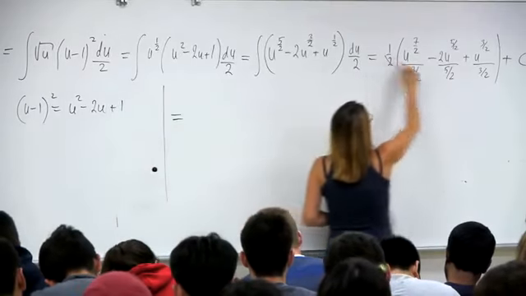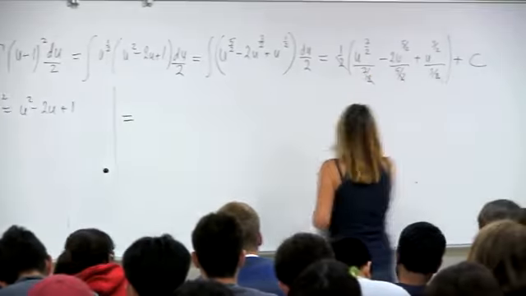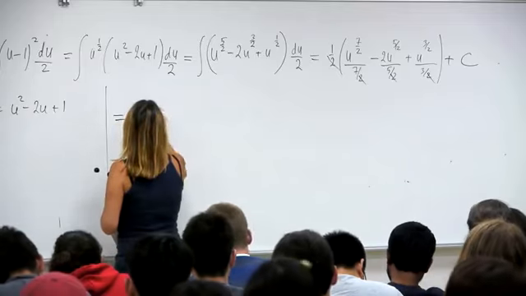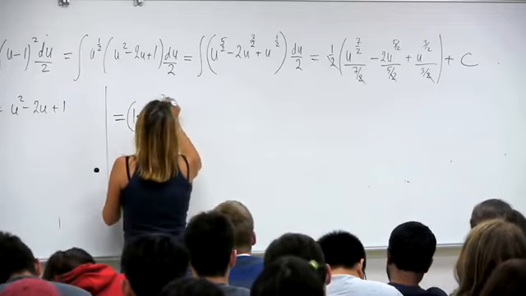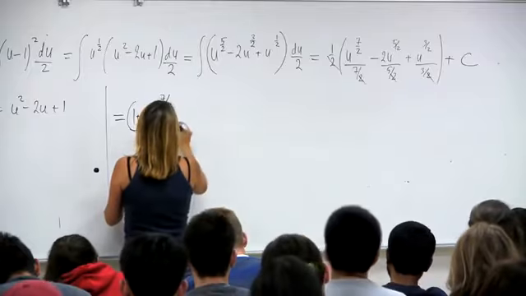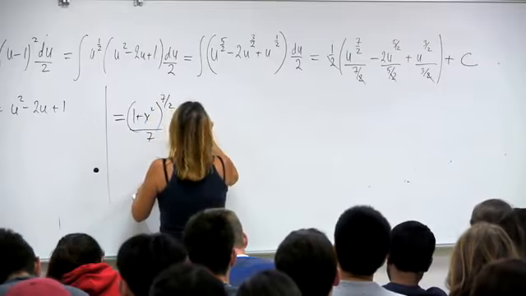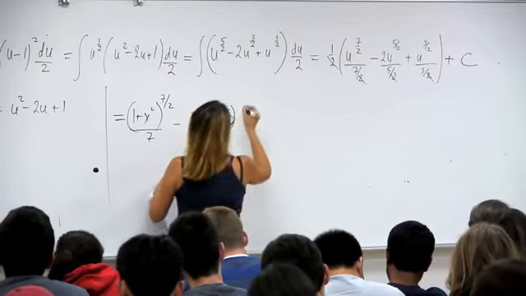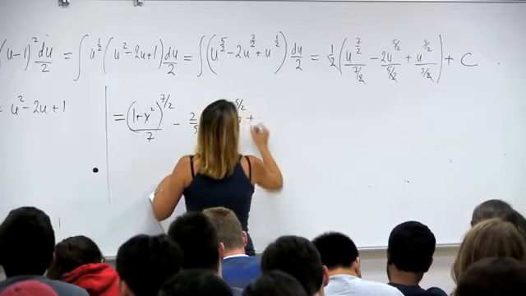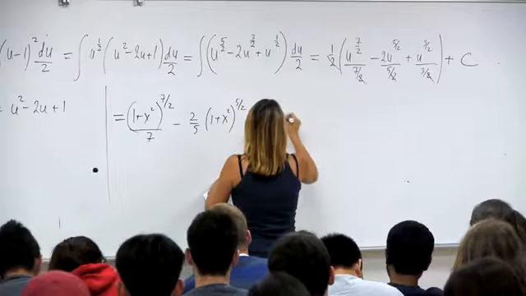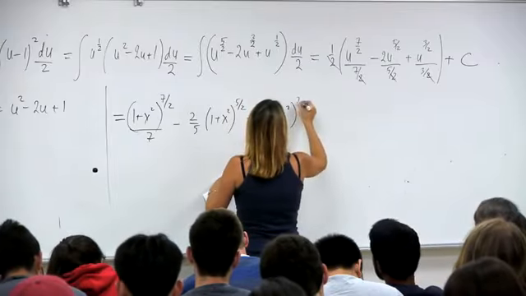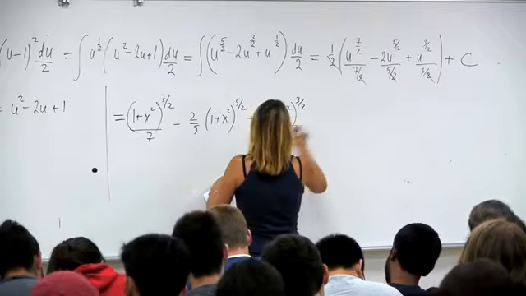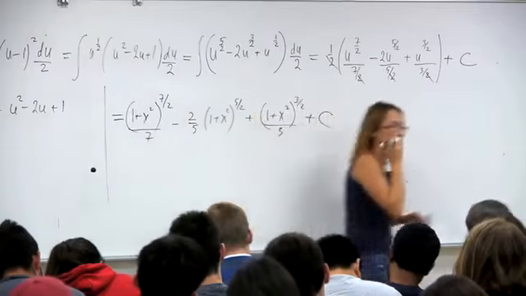You notice that all the 2's cancel, actually. So I have 1 plus x squared to the 7/2 over 7 minus 2/5, and I'm done.